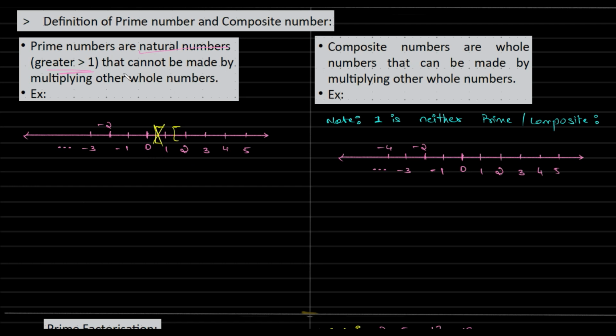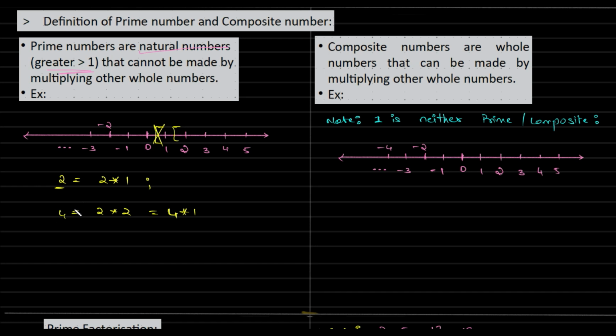That cannot be made by multiplying other whole numbers. So basically, I need a number which when multiplied with itself and 1 gives me back that number, and no other way. Example, I can't multiply anything else to get back 2. But I certainly can multiply 2 and 2 to get back 4. Along with that, I can multiply 4 into 1 to get back 4.